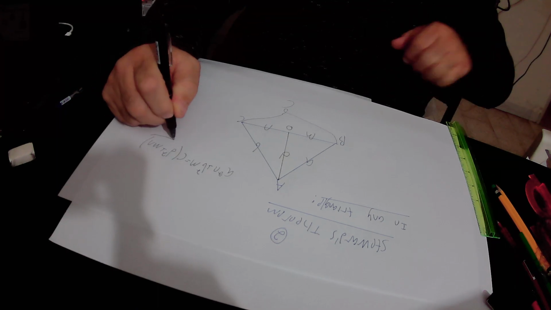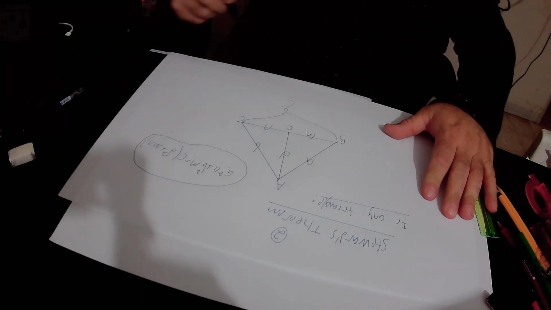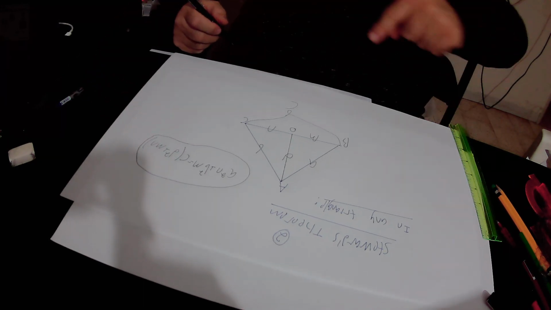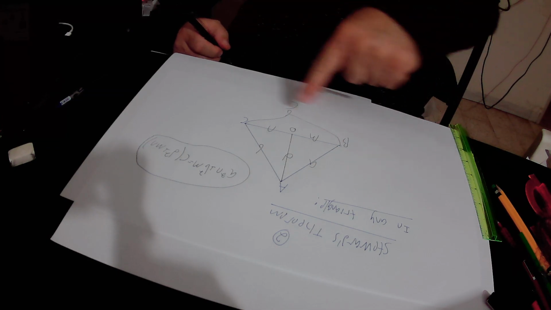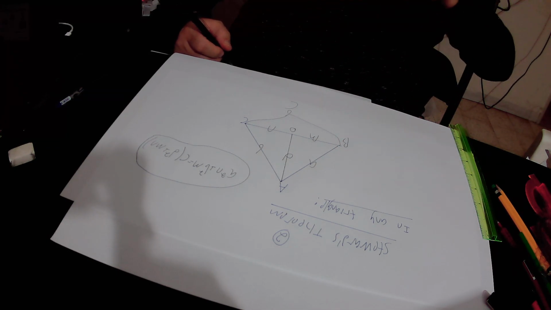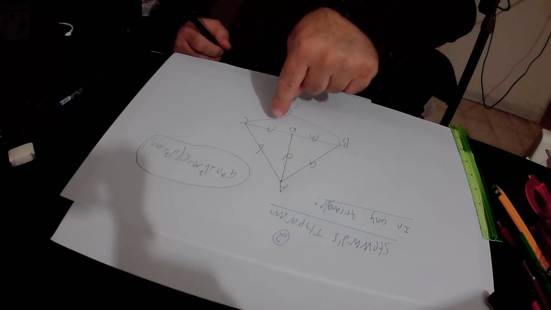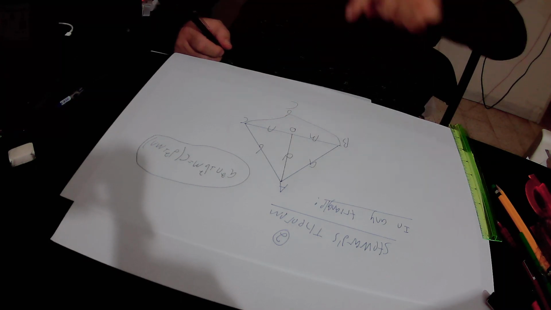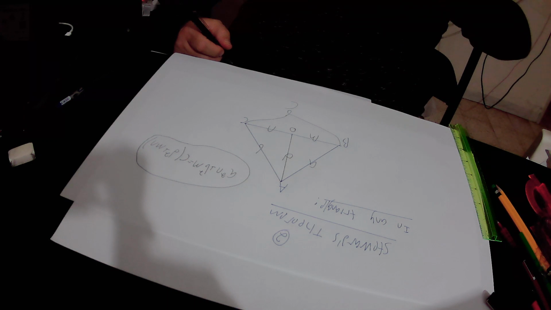I'll repeat again, in any triangle, triangle ABC could be any triangle. We know that the length of side AB is A units, side BC equals C units in its length, side AC equals B units in its length, BO equals M units, and OC equals N units in its length. And we also know that line segment AO equals D units in its length.